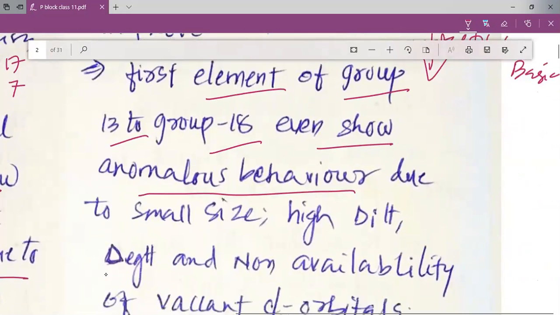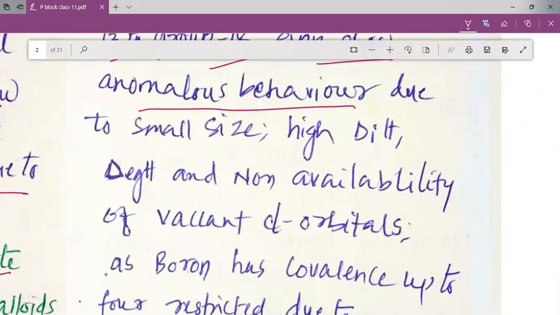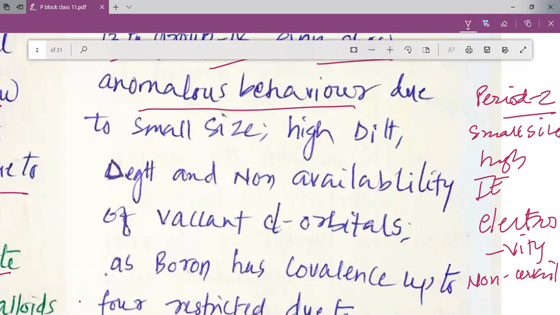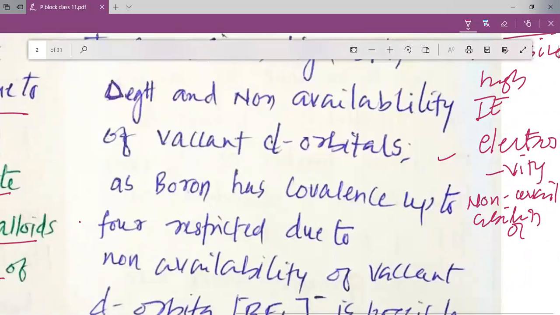This is what we have seen in the s block elements also, that the first element of the group, which belongs to period number 2, is different from the other elements because of its small size, high value of ionization energy, high value of electronegativity, and non-availability of d orbitals.